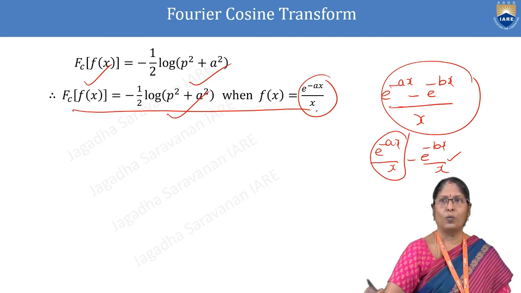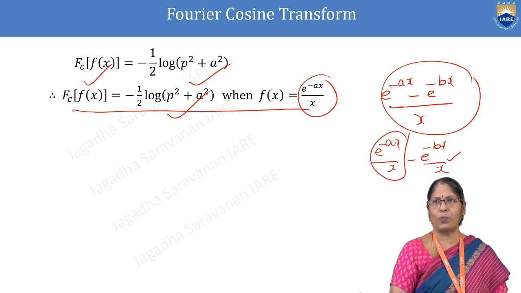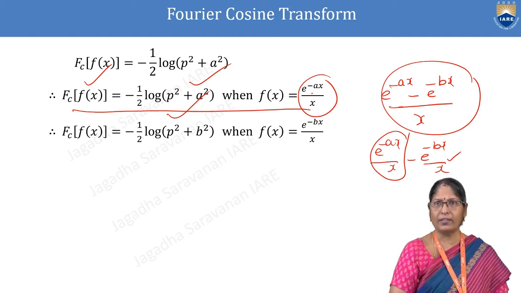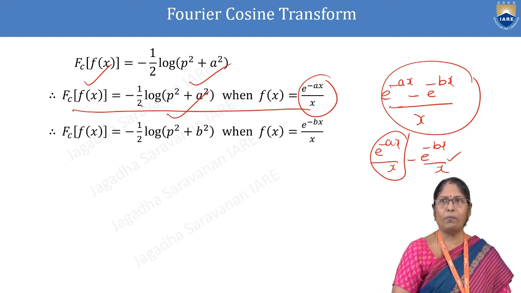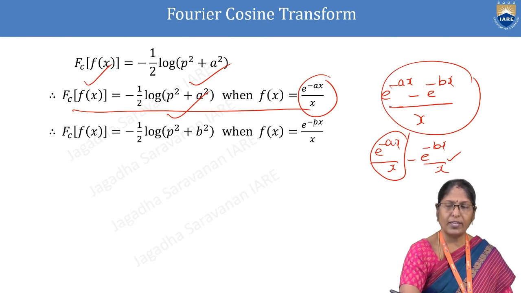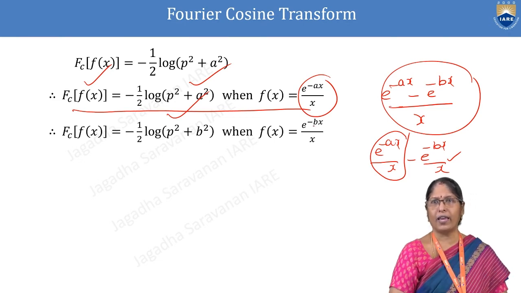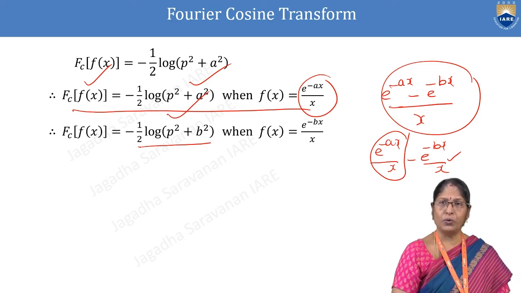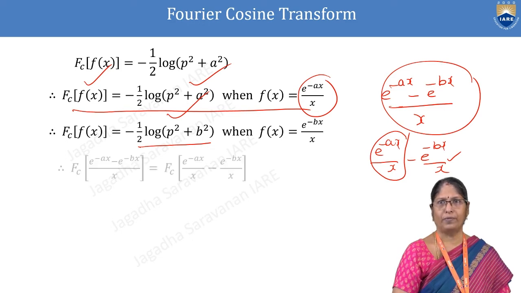Looking at what we solved as part of our question, similarly by putting, we can write it. That is, for e power minus ax by x we got minus 1 by 2 log of p square plus a square. Very simple logic. That is, if it is e power minus bx by x, the answer will be minus 1 by 2 log of p square plus b square.